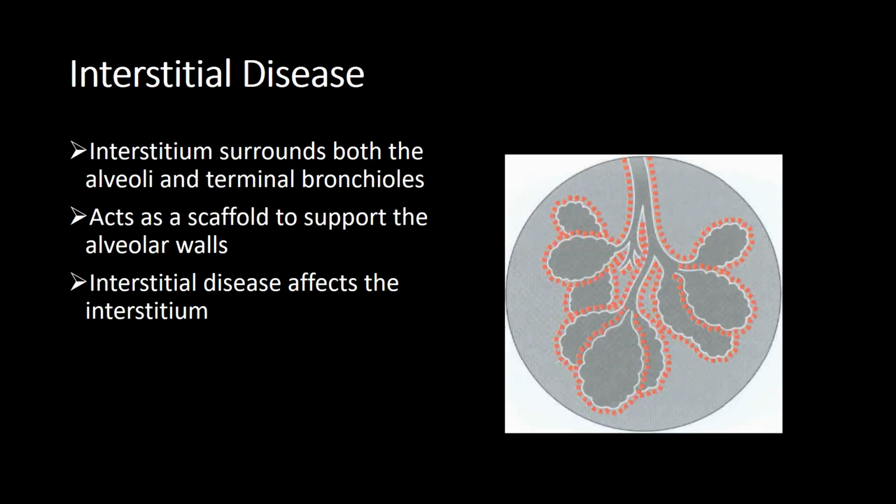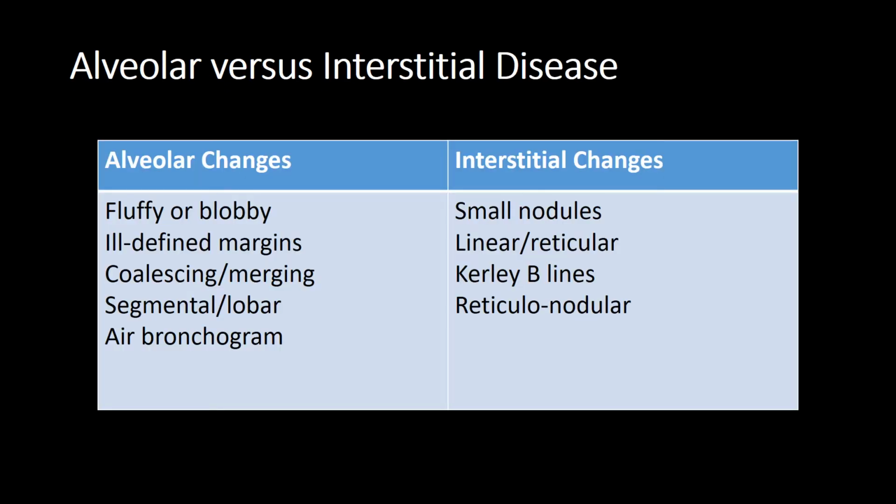So interstitial disease affects the supporting tissues of the lung parenchyma. So basically, the interstitium, including that surrounding the alveolar walls, is affected. An insult causes the cellular lining of the alveolar walls and/or the capillaries in the interstitium to become leaky.